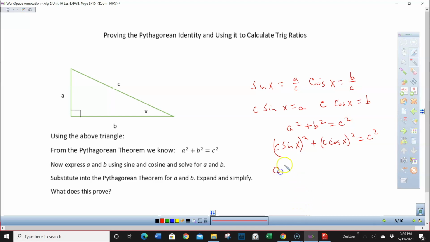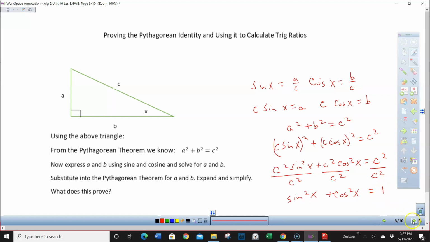Okay, so let's square this. So that's going to be c squared sine squared x plus c squared cosine squared x equals c squared. Now all three of these have a c squared in it, so let's divide by c squared. And we have sine squared x plus cosine squared x equals 1. And that is our Pythagorean identity.